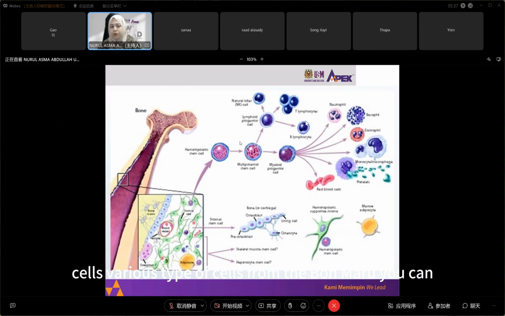From the bone marrow, you can have the blood, the hematopoietic stem cells, and also the adult stem cells, for example those that can be differentiated into skeletal cells.